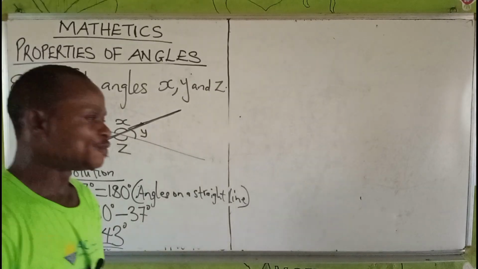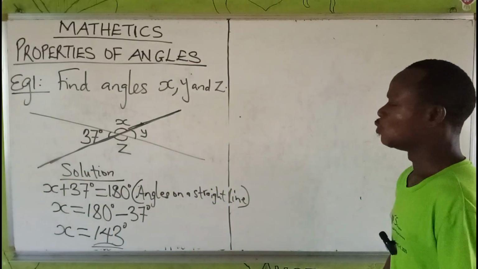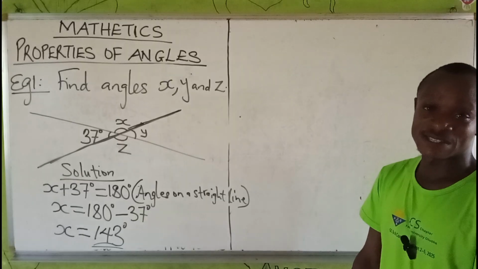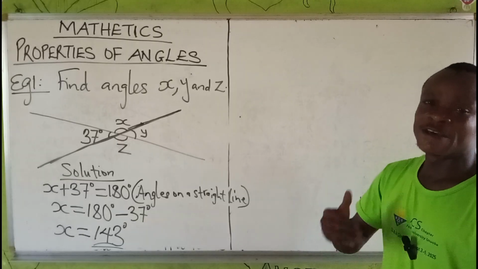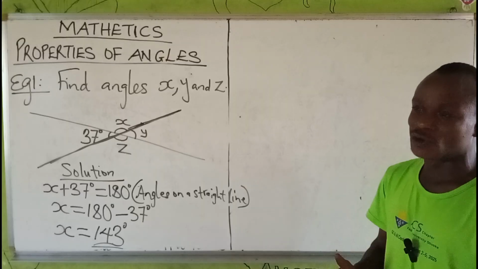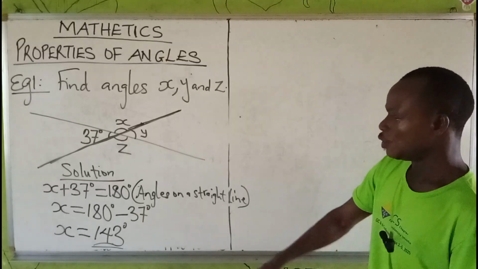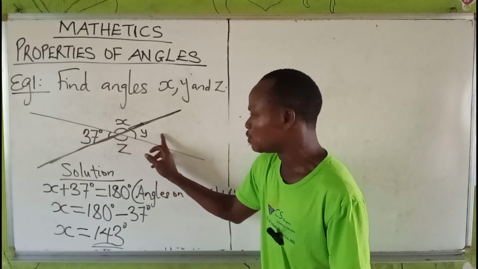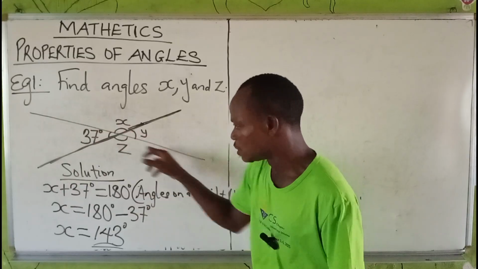Now, let us move to solving angle Y. For angle Y, we can apply the first theorem, which states that vertically opposite angles are equal. If you look at this angle and this angle, they are vertically opposite because two straight lines cross each other.